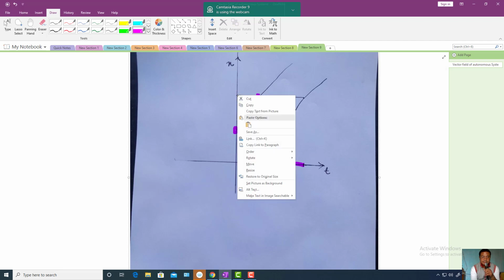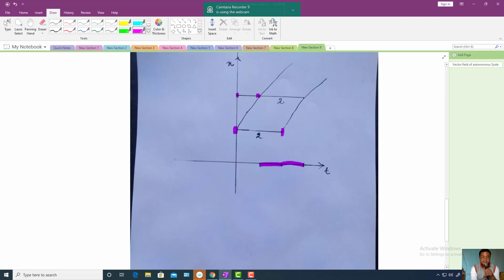All right, after a lapse of 1 unit of time, this point moves here. Again you think about the second solution, starting from this one; after a lapse of 1 unit of time from here, this is 2, after 1 unit of time it will be here, 3.